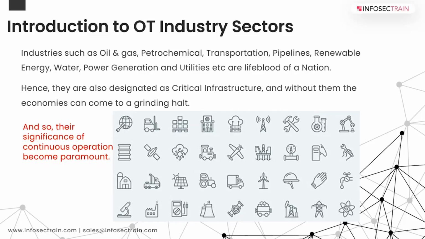Without them, the economy of the countries can come to a grinding halt if there is some stoppage of production and so on. Because of this, they need to be continuously operating. Hence the significance.